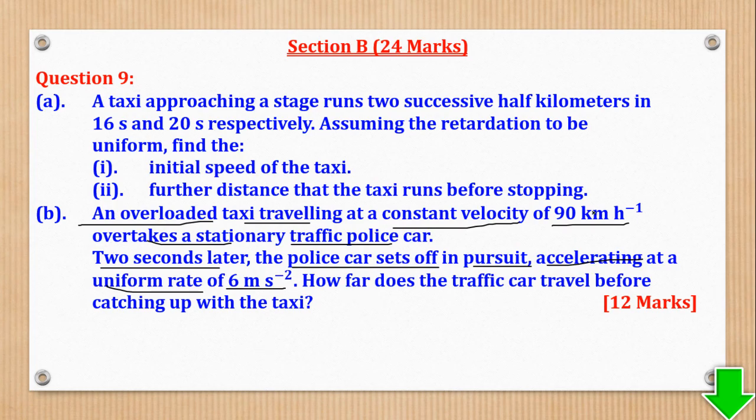Do you see something? This one is meters per second squared. This one is in kilometers per hour. So the units have to be converted so that they rhyme. We shall see that in the solution. How far does the traffic car travel before catching up with the taxi?